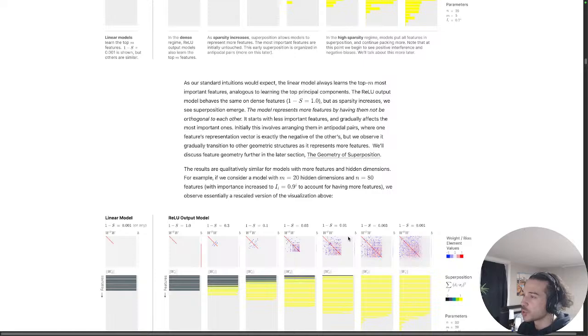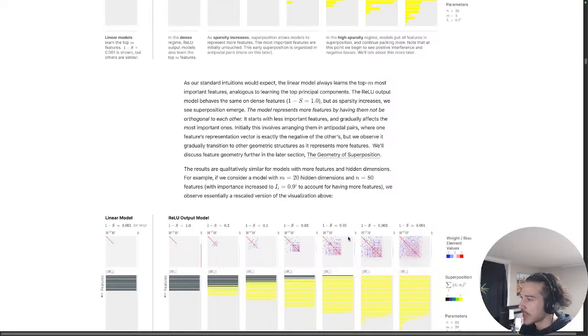As our standard intuitions would expect, the linear model always learns the top m most important features, analogous to learning the top principal components. The ReLU output model behaves the same on dense features, 1 minus s equals 1. But as sparsity increases, we see superposition emerge. The model represents more features by having them not be orthogonal to each other.